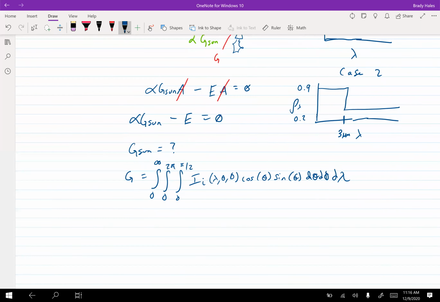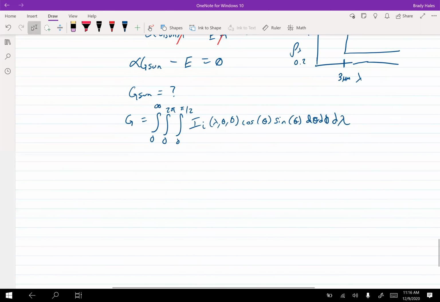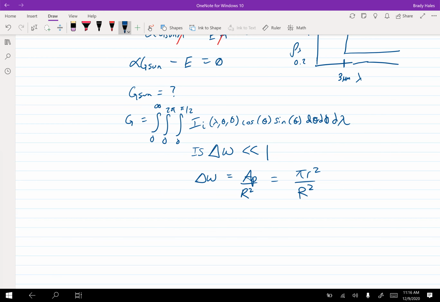Whenever you have one of these triple integrals and you're using the method of chapter 12, you want to ask yourself, is the solid angle much less than 1? The finite solid angle, remember, is the projected area divided by r squared. The projected area for a sphere is pi r squared over distance squared.